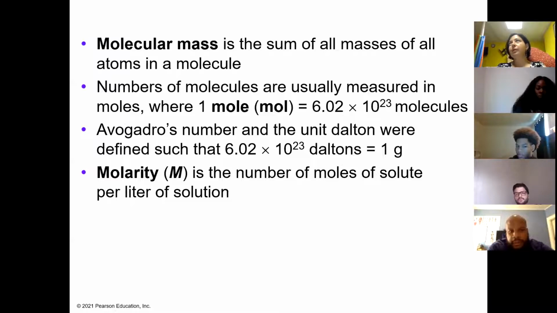Actually, whenever you think about something else, what concentration of alcohol is in beer? 20%?